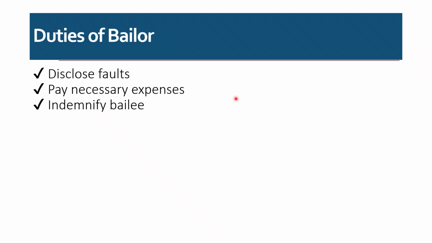If the bailment is not for reward, the bailor must cover the necessary expenses incurred. The next one is the duty to indemnify the bailee. The bailor must compensate the bailee for losses caused by hidden defects in case the defects were not disclosed earlier. These duties ensure safety and fairness in bailment transactions.